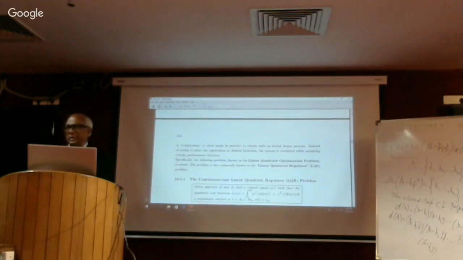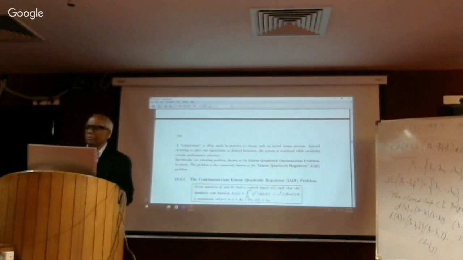If you design a controller in such a way that it will minimize some quadratic function, which involves the states and the input, I'll show you how to do that, in such a way that the system will be stable as well, and a certain quadratic cost function will be minimized. So the control has to be chosen this way.